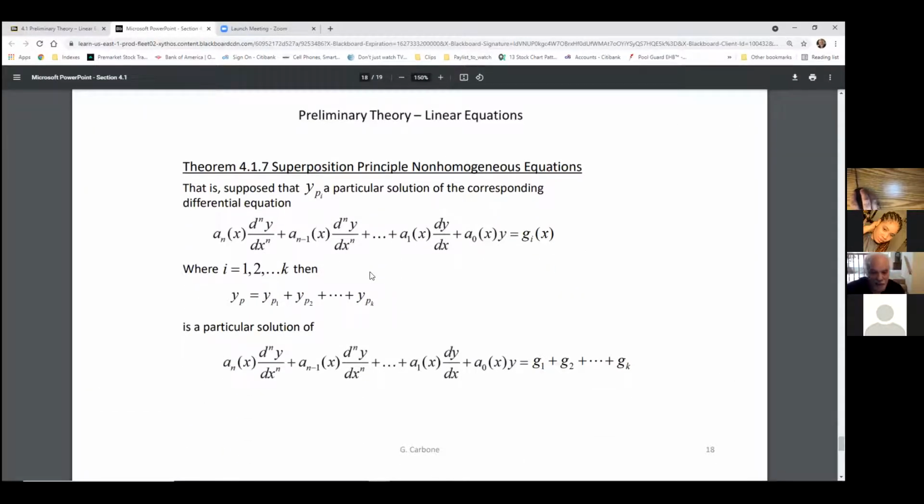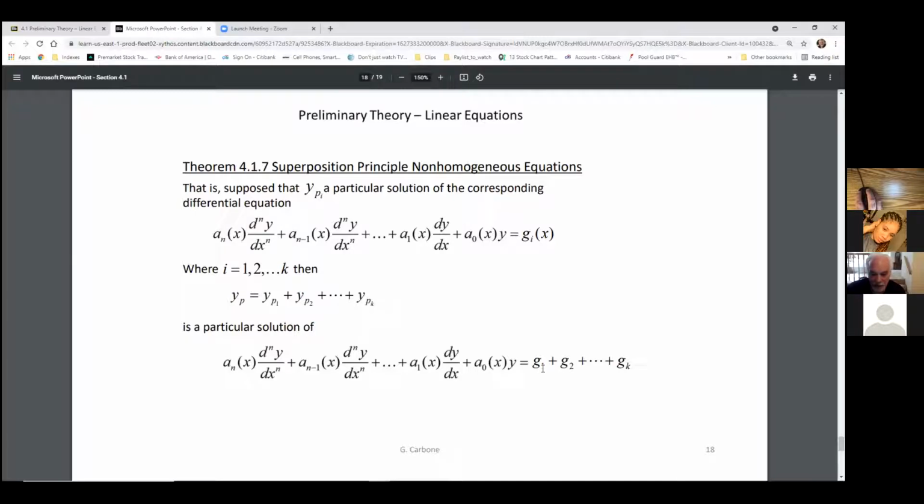What that means is that I can have different particular solutions because I have different functions G, and the total particular solution is the sum of the individual solutions.